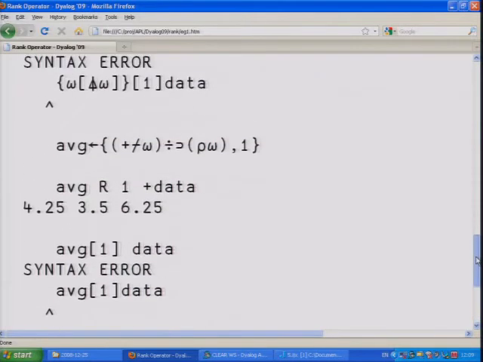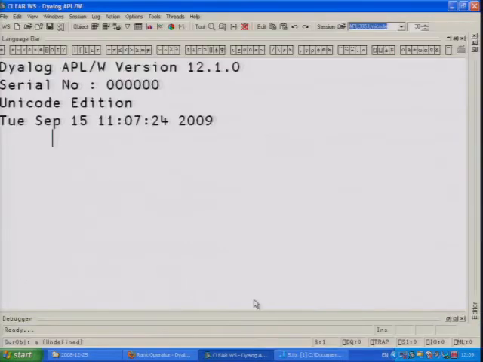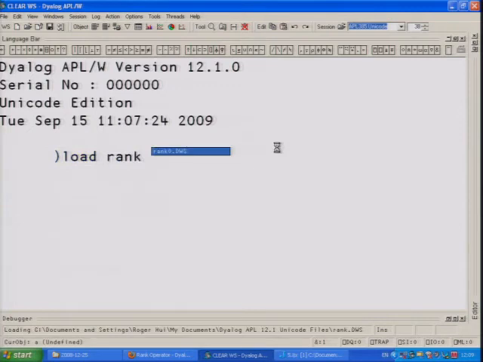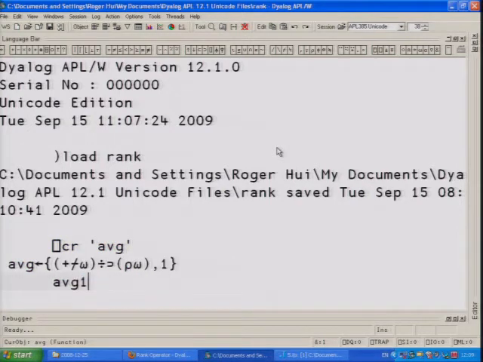So I'm going to make a slight detour and look at this average computation. I have average already defined in the workspace, and I would now define average the way it's usually defined.